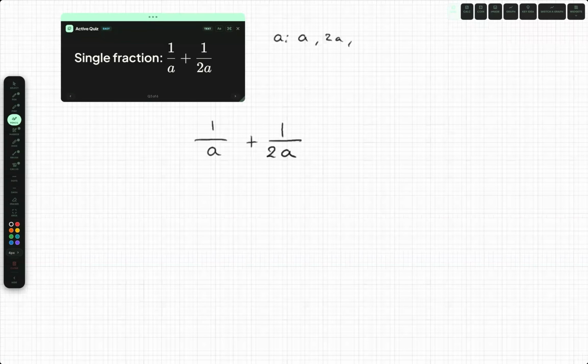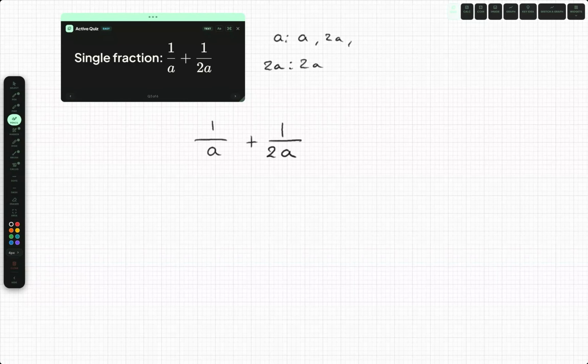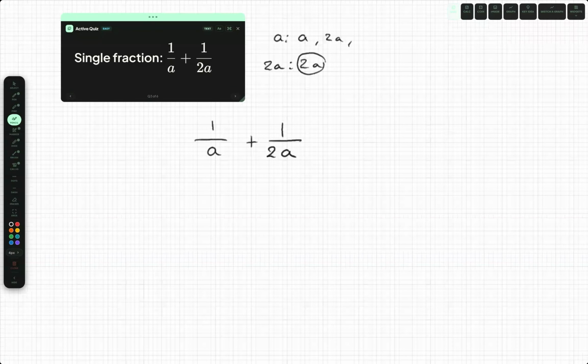So we have lots of multiples of a, 3a, or all of those. And if we list the multiples of 2a, well, we have 2a as well, and then obviously we can increase that and so on. But our lowest common multiple is going to be these two values. And that should be pretty easy to do without doing this up the top.